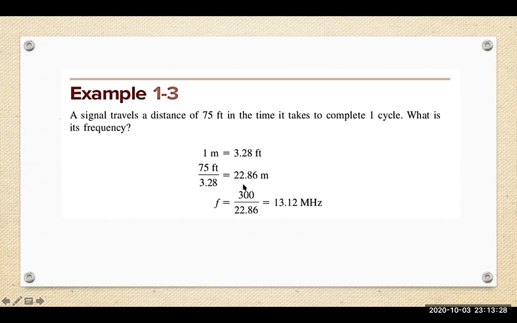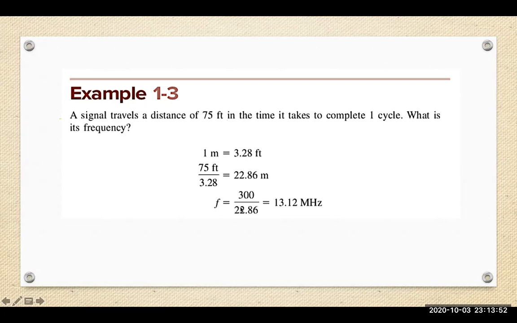Since we are going to use the speed of light in meters per second, we need to convert the given distance from feet to meters. So 75 feet times 1 meter divided by 3.28 feet. So we cancel the unit feet. So we now have 22.86 meters.